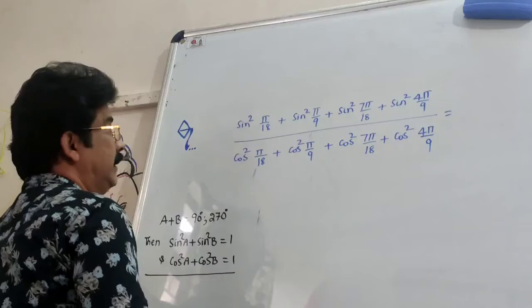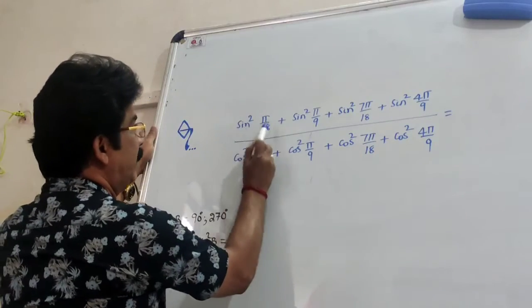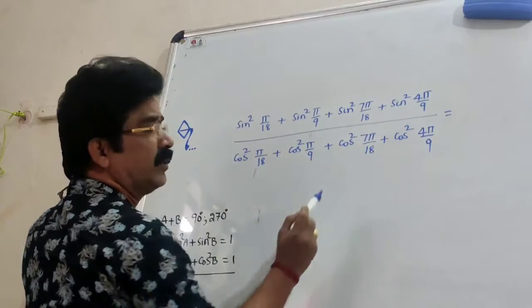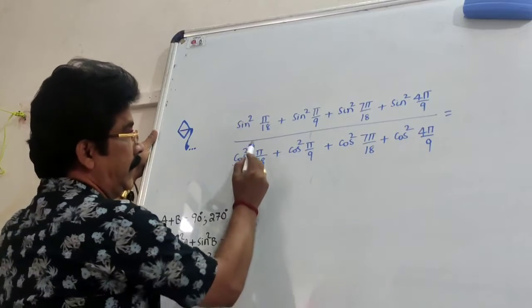First, sin² plus sin² plus sin² plus sin² of something is there, right?